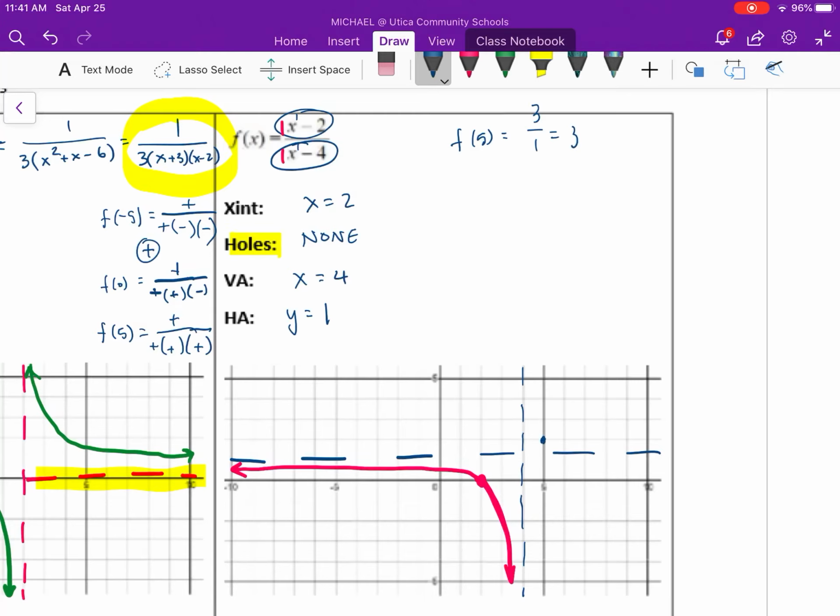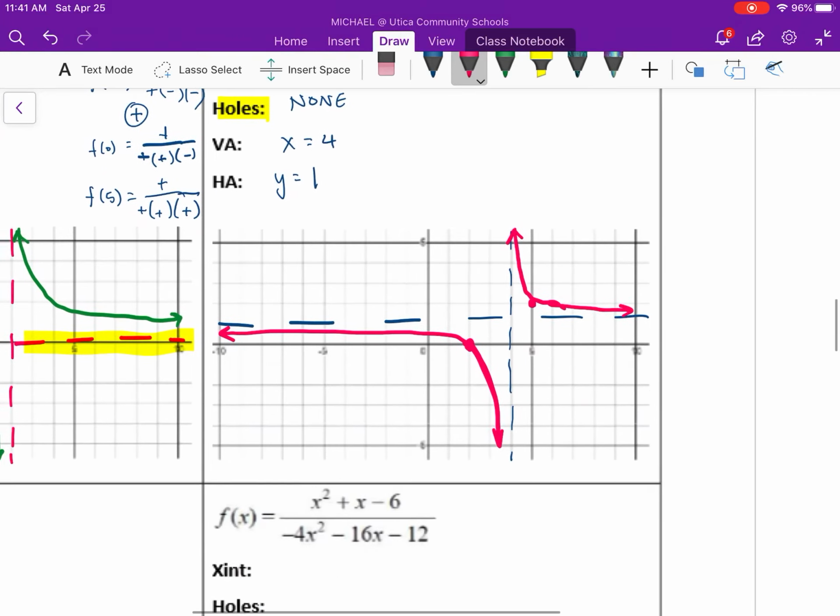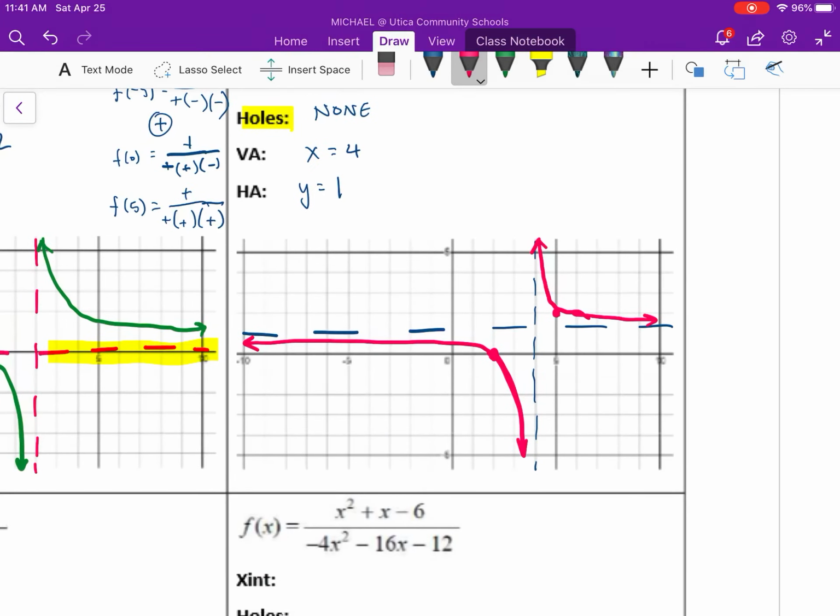So I know at f of 5, my function value is 3, which means that my graph has to be above that horizontal asymptote, which again is enough to go ahead and graph that. And then that would leave me with enough information to tell limits at asymptotes, either horizontal or vertical.